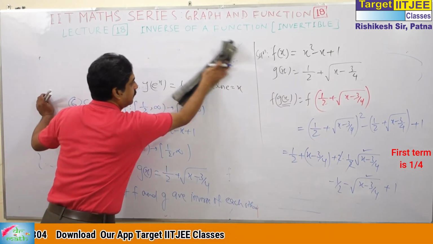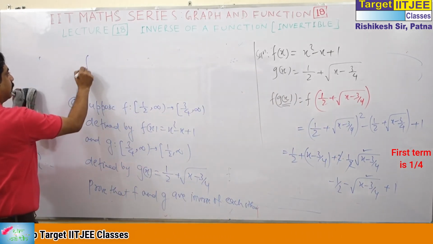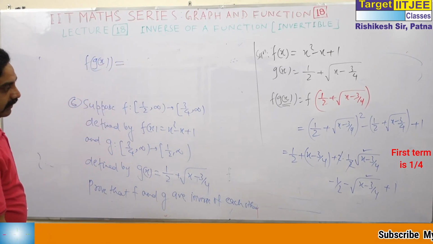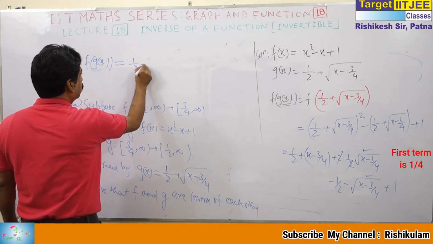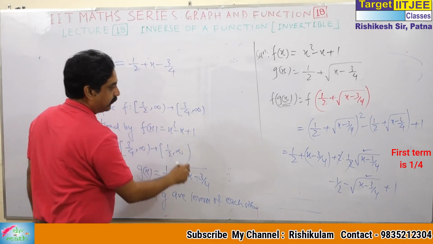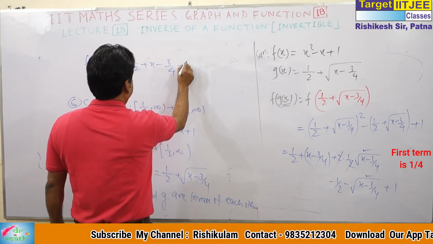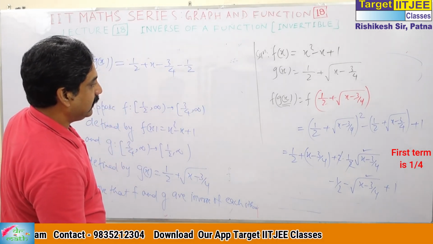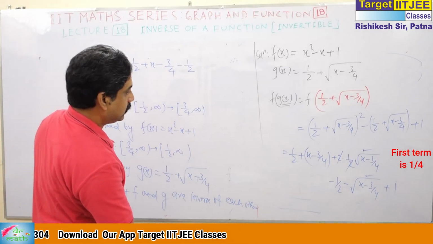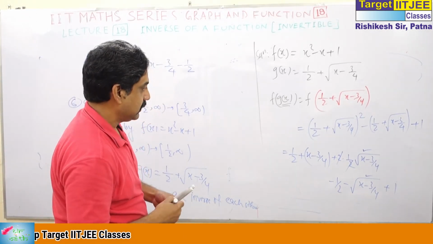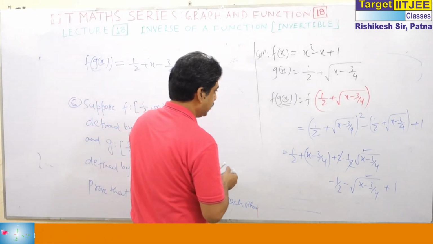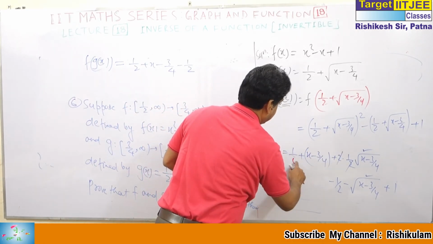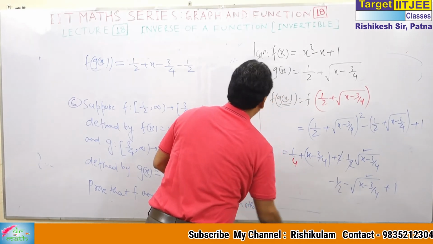So what we get? We are still working on f of g(x). I am making a mistake, let me correct. Actually this is 1 by 4. This is a square plus b square plus 2ab.